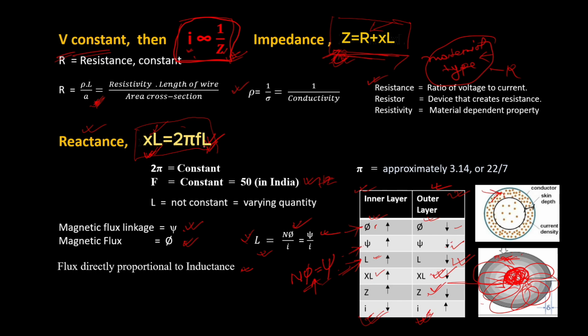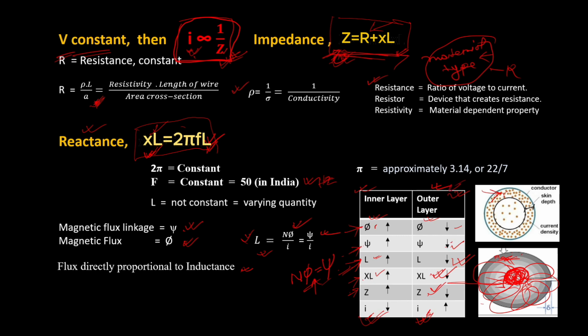because XL is equal to 2 pi F L. Then if XL increases, Z will also increase, from the equation, because Z is equal to R plus XL. So if Z increases, then I will decrease, because I is inversely proportional to Z. For the outer layer it is also the same.